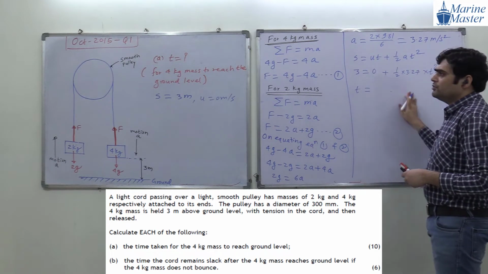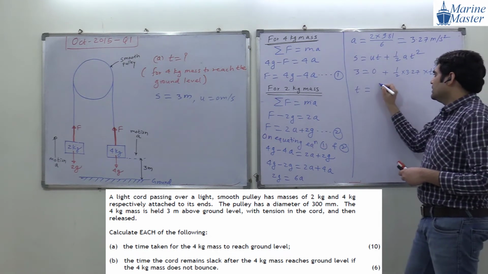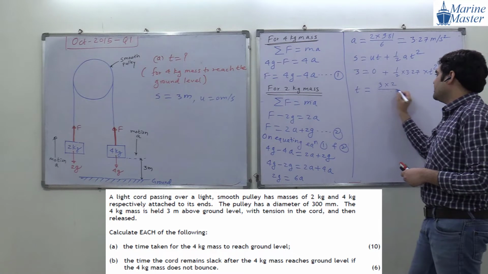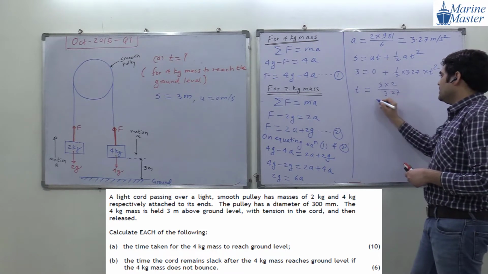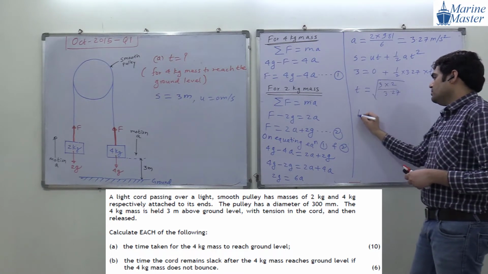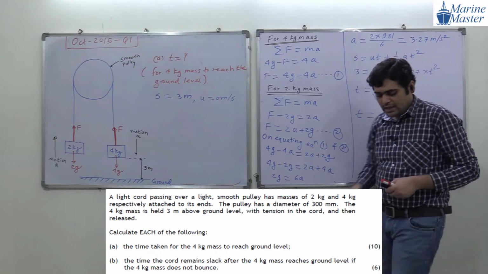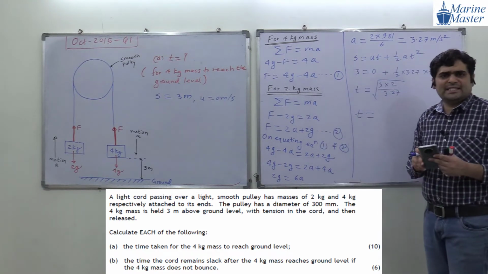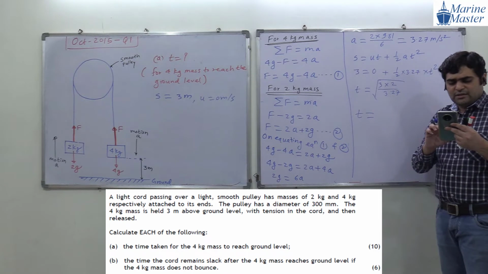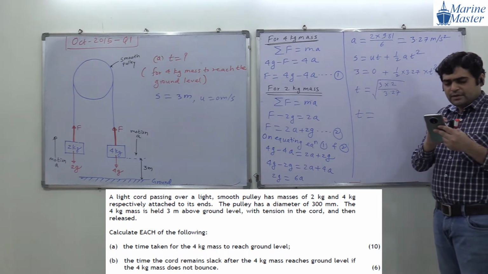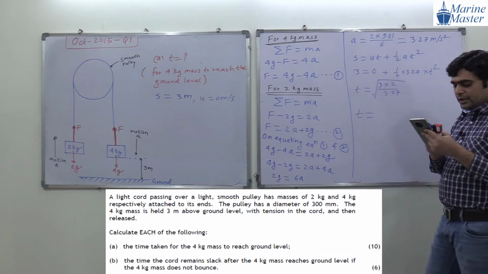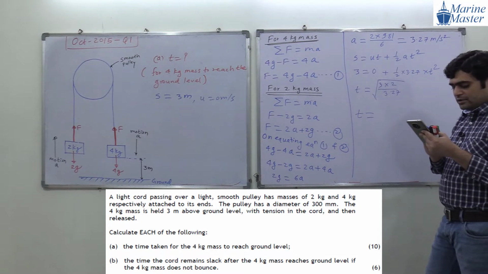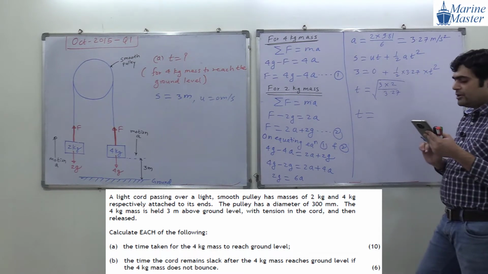So t will be equal to the under root of 3 into 2 divided by 3.27. Please everyone do the calculation and tell me the value of time. Very simple discussion, guys, not that difficult. Please let me know if I have done any mistake.